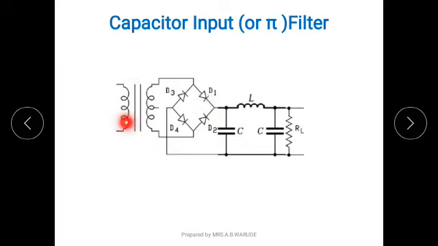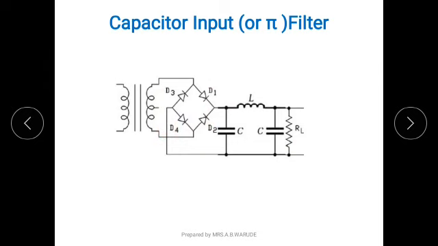Here, the half wave rectifier or full wave rectifier output is given to the filter. Two capacitors, one inductor and one resistor are used, and this is the full wave rectifier output.